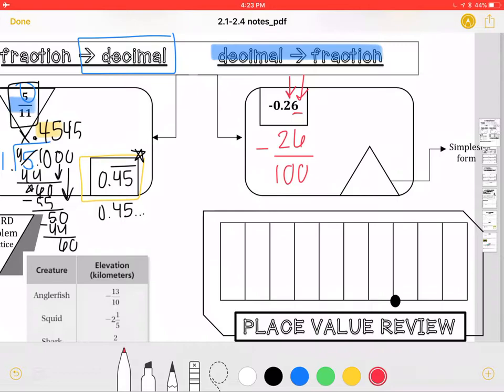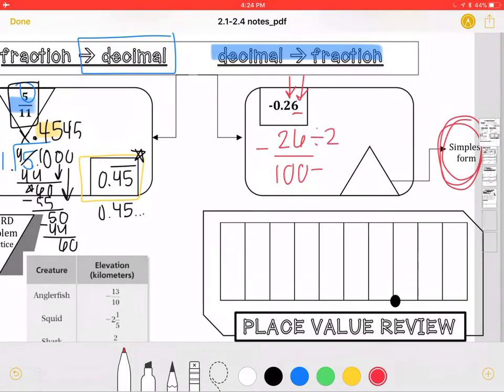So now I have it as a fraction, but we always want to put our fraction into simplest form. Can I simplify this? You should be thinking yes. Even if you're just looking at them, you're asking, what can I divide 26 and 100 by? Well, I know they're both even, so I can definitely divide them by 2.